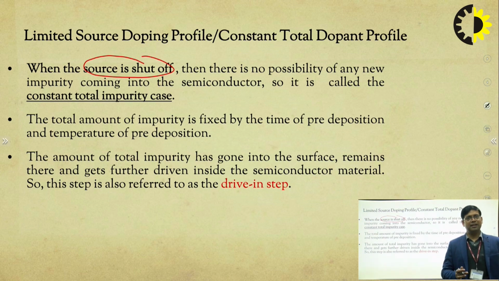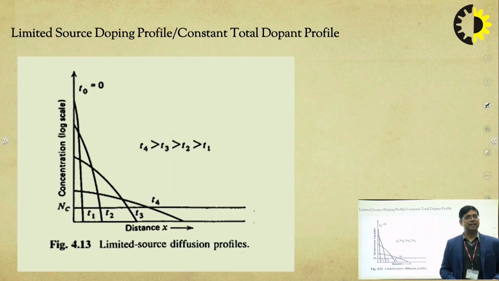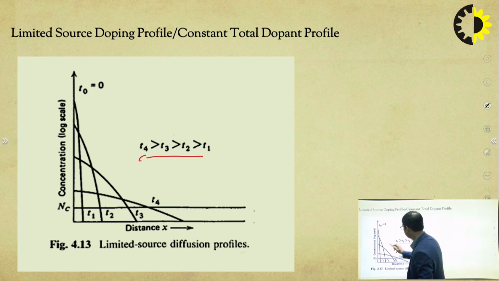So with time, as the dopants from the surface are moving inside the wafer, the surface concentration starts decreasing, as can be seen here. As the time increases, the concentration at the surface starts decreasing.